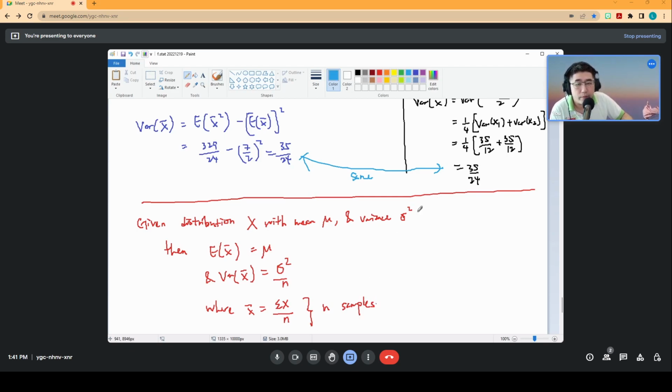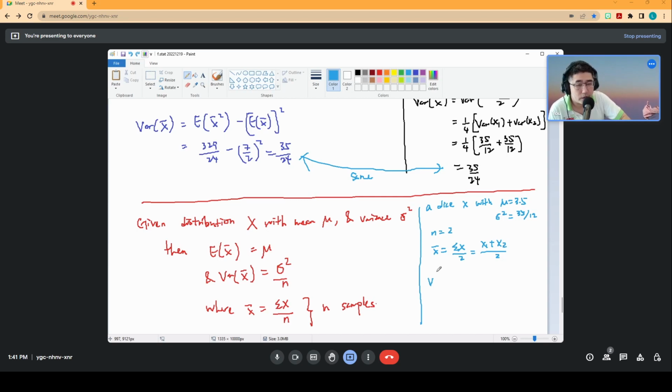So relate back to the example above. A dice x with mu equals 3.5, sigma squared equals 35 over 12, n equals 2, bar x equals the sum of x over 2, which is x1 plus x2 over 2.